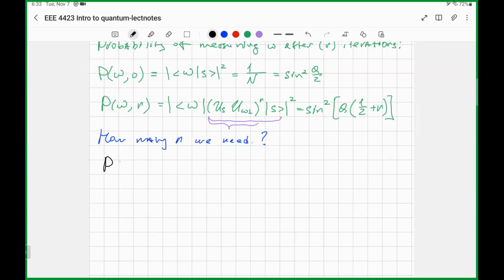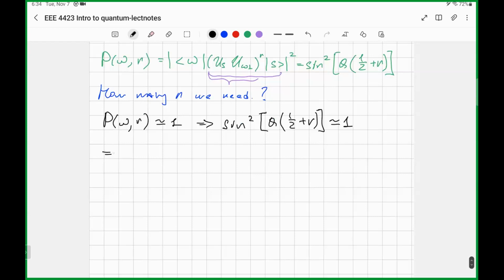The correct result will be when the probability is equal or almost equal to 1, which means that the sine squared of theta times (1/2 plus r) is equal or almost equal to 1, and that means this angle theta times (1/2 plus r) must be equal to pi/2.